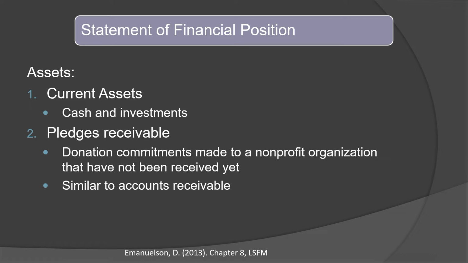So for example, I might have pledged a donation to a nonprofit organization that I'm going to give them $25 every month. Well, that means that they have that as pledges receivable that they're expecting to be getting.